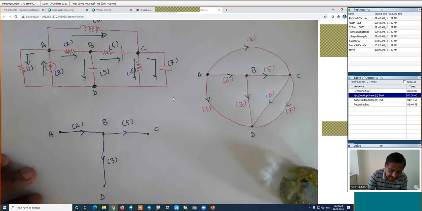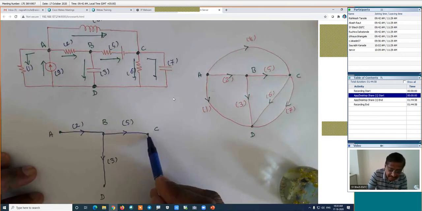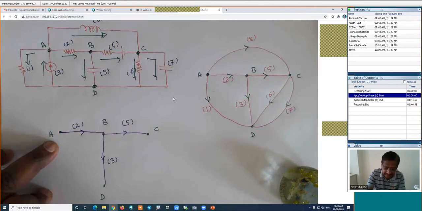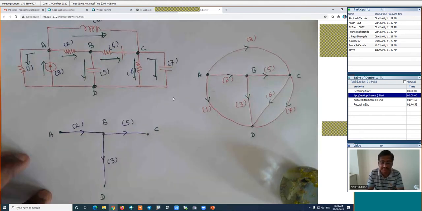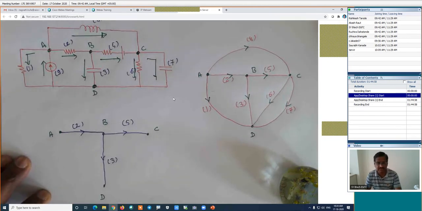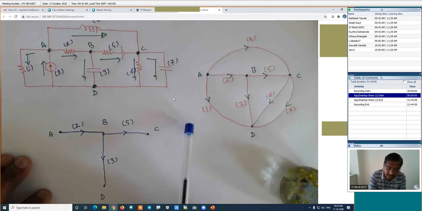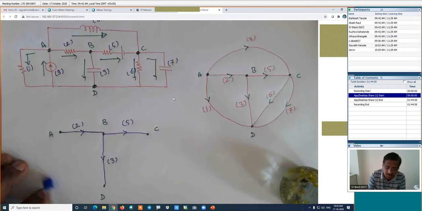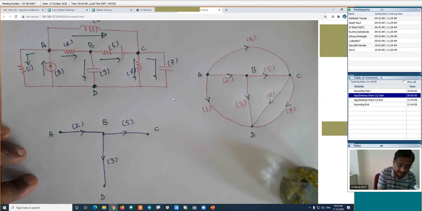If I put this branch, then there will be the formation of loop. If I put this branch here, then there will be the formation of loop. Means we have to connect each node to other node directly or indirectly without forming a closed path.